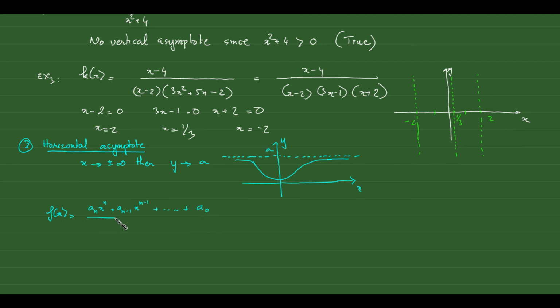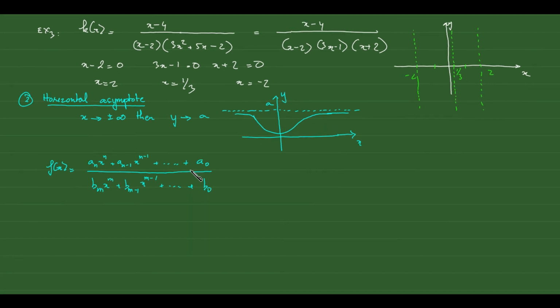And the bottom must be another polynomial, b_m x^m, let's use m because n and m are different degrees, plus b_(m-1) x^(m-1) plus dot dot dot plus b_0. Alright. Now I'm going to categorize this into three cases.